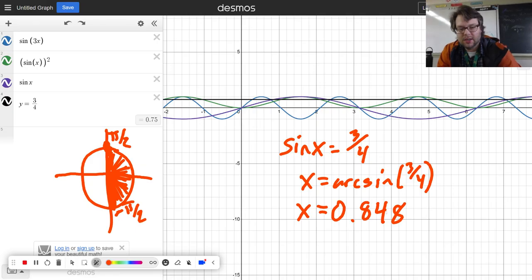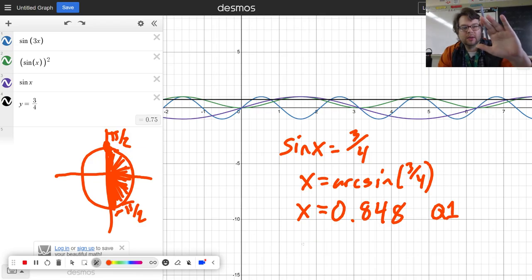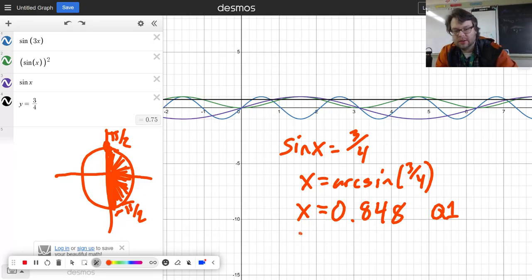So this one right here is the quadrant 1 answer. So how do I get the quadrant 2 answer? I reflect that point over pi over 2. So if I reflect it to quadrant 2, what I can do is pi minus x.